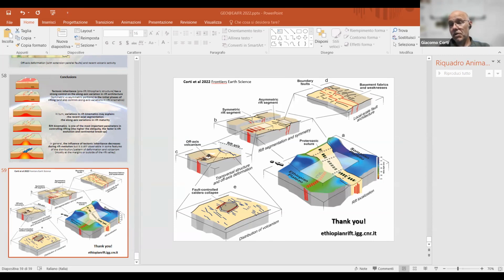It may be possible, of course, because the two processes are related. In the specific case, I don't know in detail, but in principle it may be possible, but we need to find, of course, geophysical, geodetic and seismicity evidence for relating these two processes.